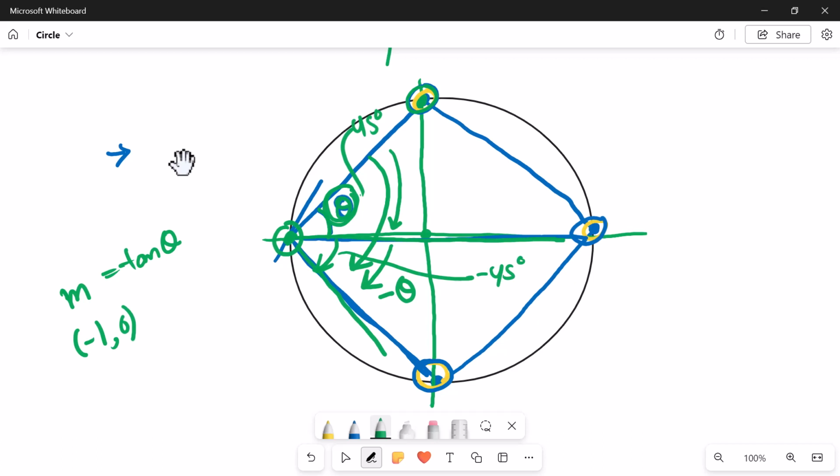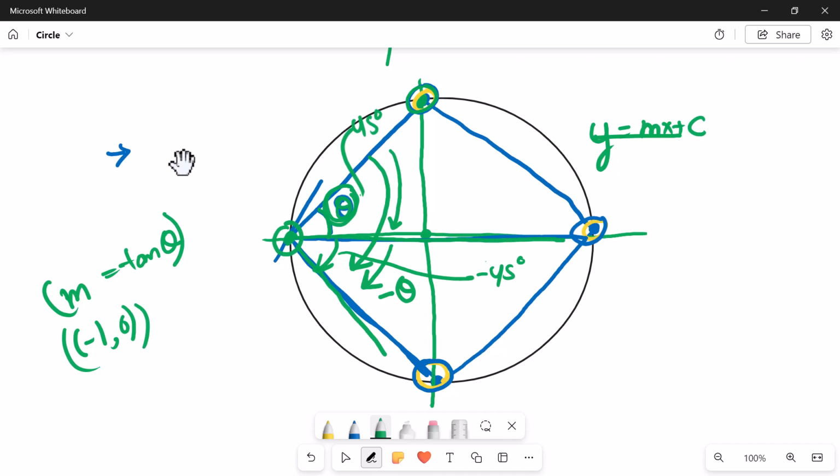So if we have the angle, we can calculate the slope of the line, and we have the point. So using the point slope formula, if you know the point slope formula, that is given by y equals mx plus c. If you know the point, slope, this is the slope intercept form.